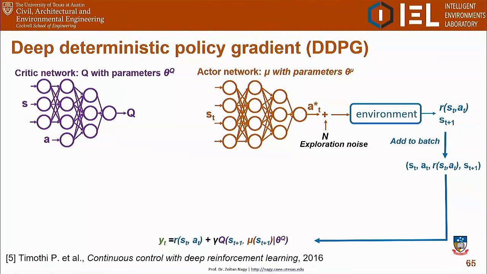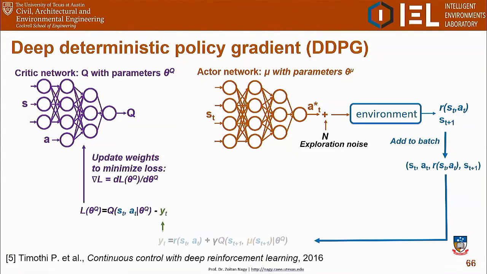Then you update the Q value, obtain the target, and then you minimize the loss between the target, which is the new Q value that you found, and the Q value that the critic network is predicting. By minimizing this loss, you can update the parameters of the neural network.